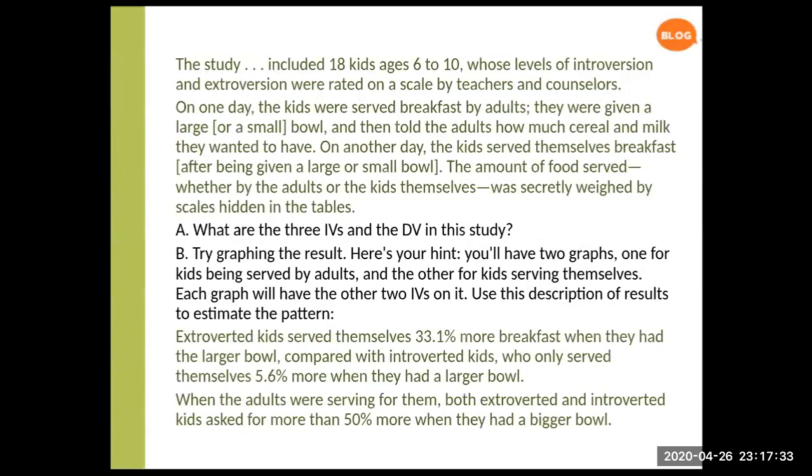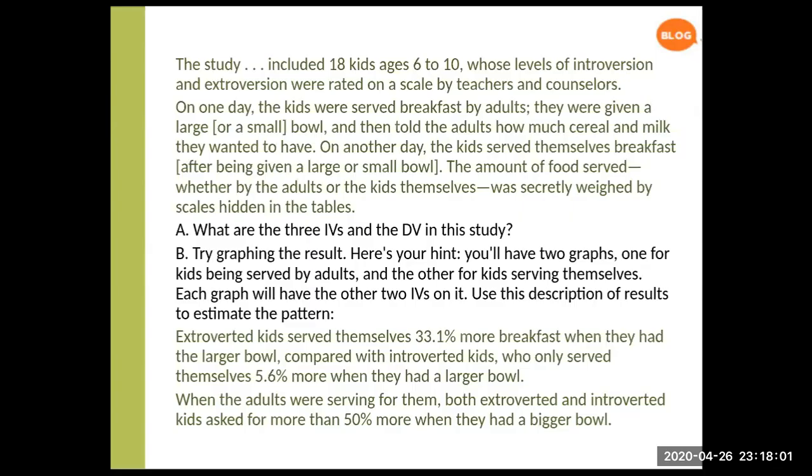So looking at this example here, I want to go through it for you guys. A study: this study included 18 kids ages 6 to 10 whose levels of introversion and extroversion were rated on a scale by their teachers and counselors. On one day, the kids were served breakfast by adults.